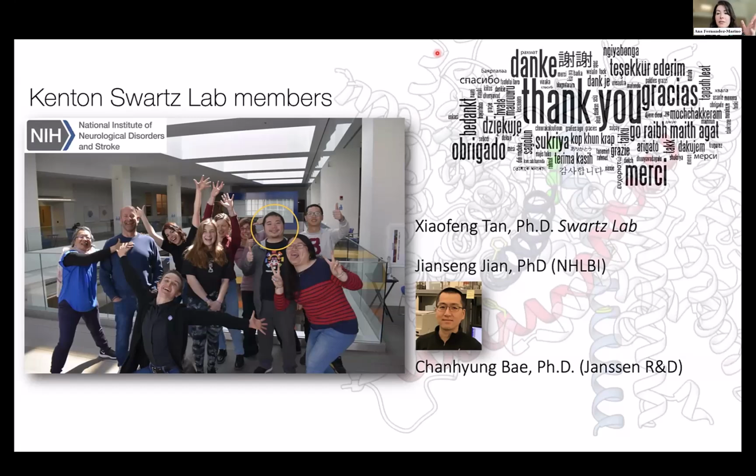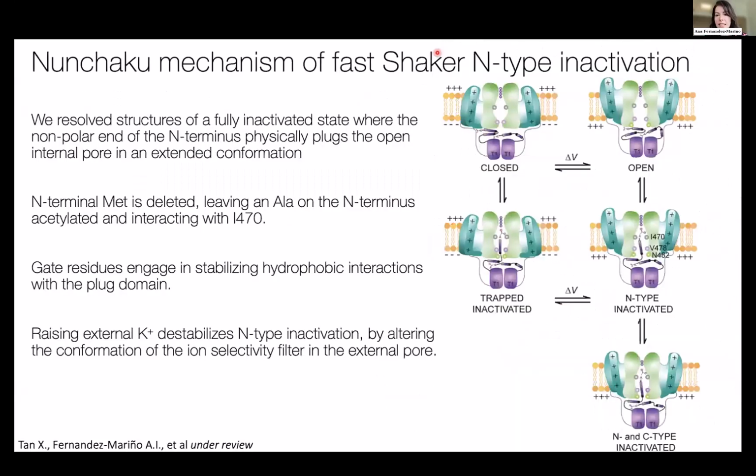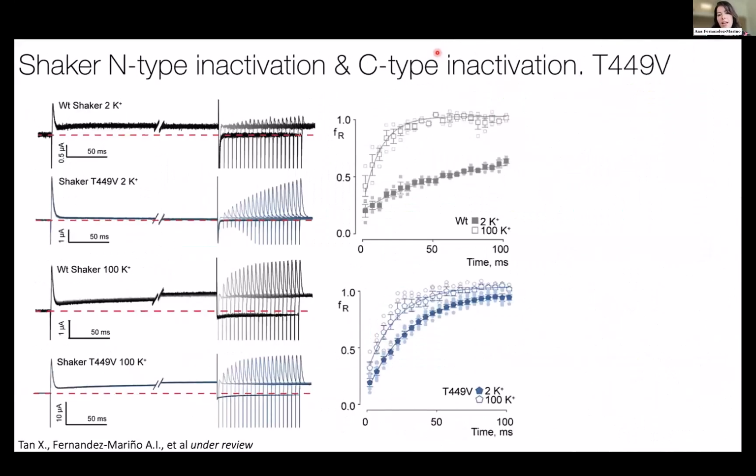And actually, it's funny because the T449B experiments were the last ones that I did in the lab. That was with the idea in mind that if the potassium effect is really through C-type inactivation, then this mutant has to be behaving in a different way. But you can see here, and this may be a data thing, that even with the mutant, there is still a slight difference between the 2 millimolar K extracellular and 100 millimolar K extracellularly.